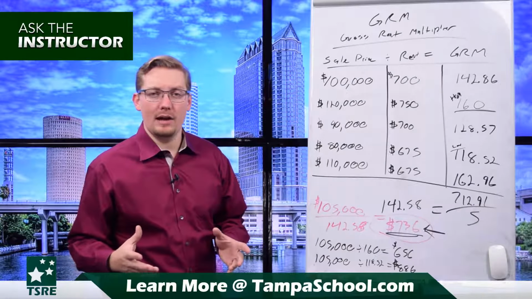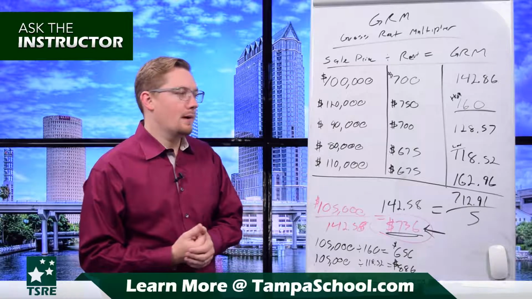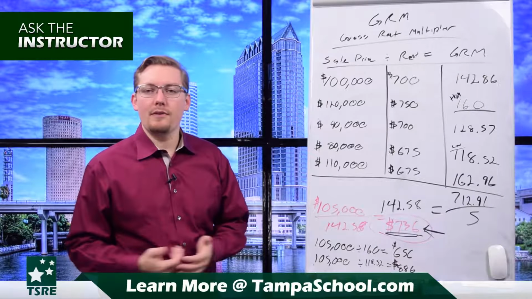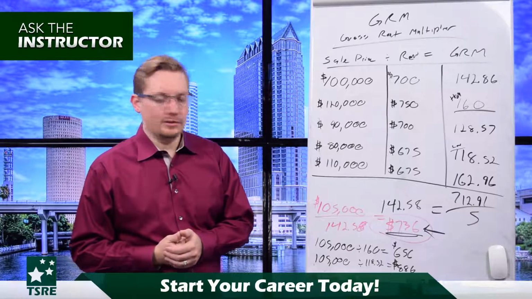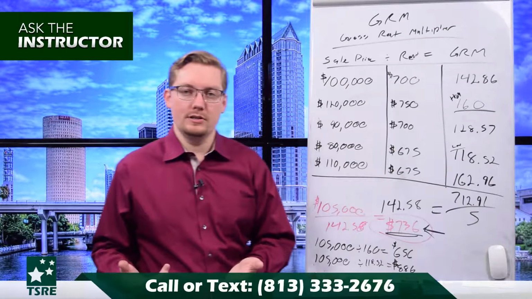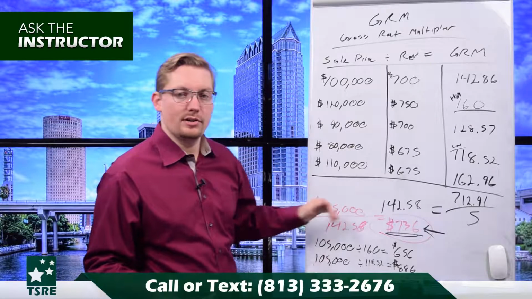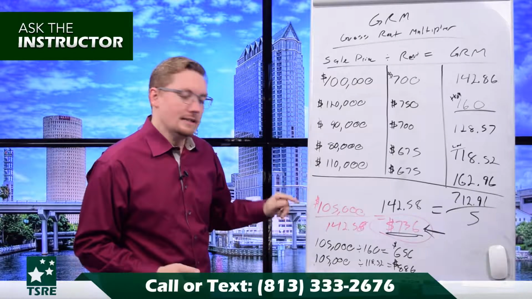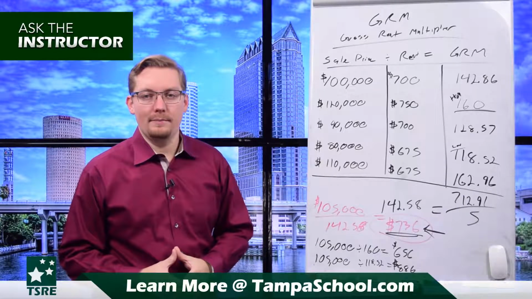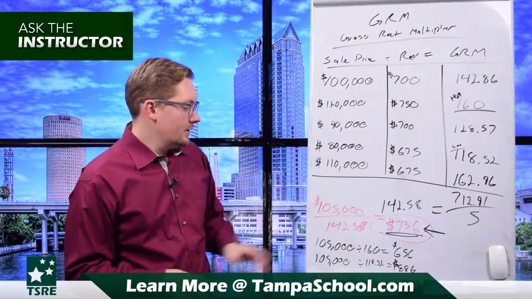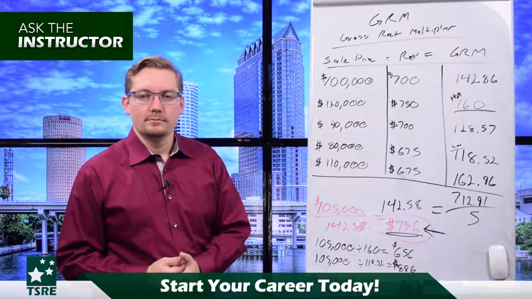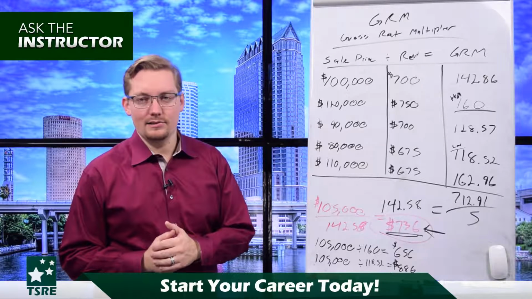And that's a helpful number to have, because now when you look at properties, you can tell whether they're above average or below average. So like I was saying, you could use this for when you're negotiating the purchase of, let's say, this $105,000 property. So let's say on this $105,000 property that it's currently renting for, we'll say, $675 a month.